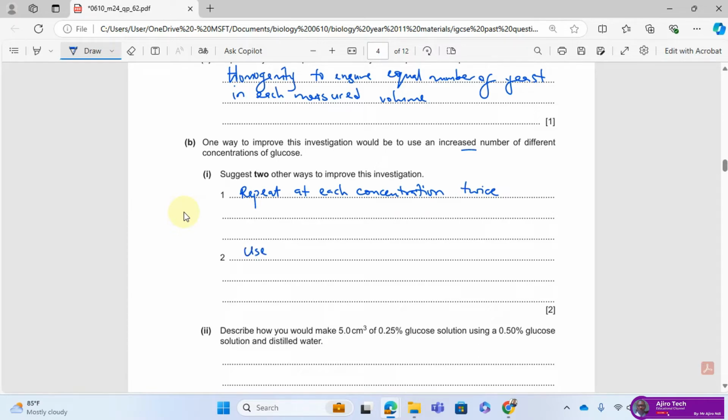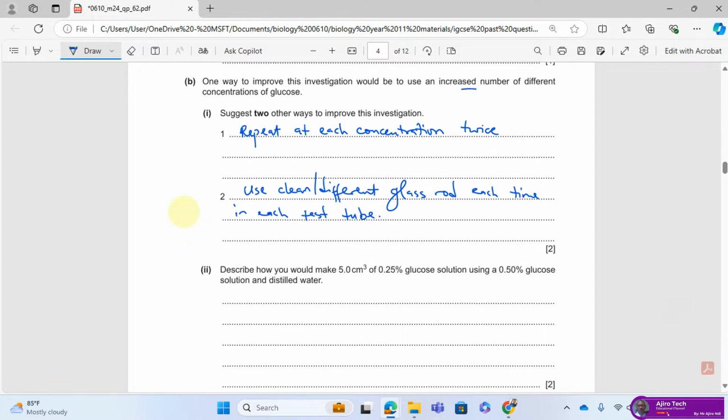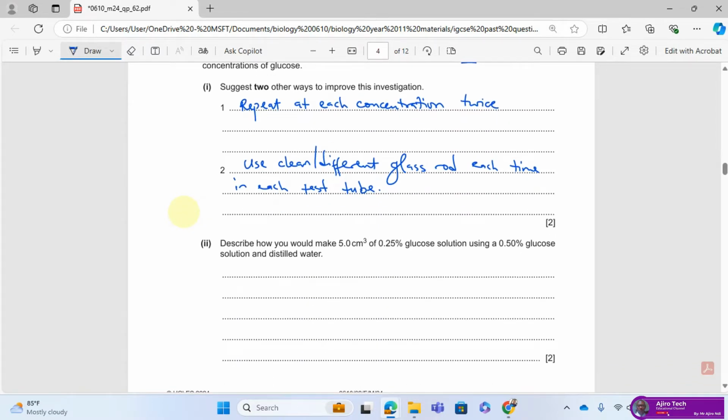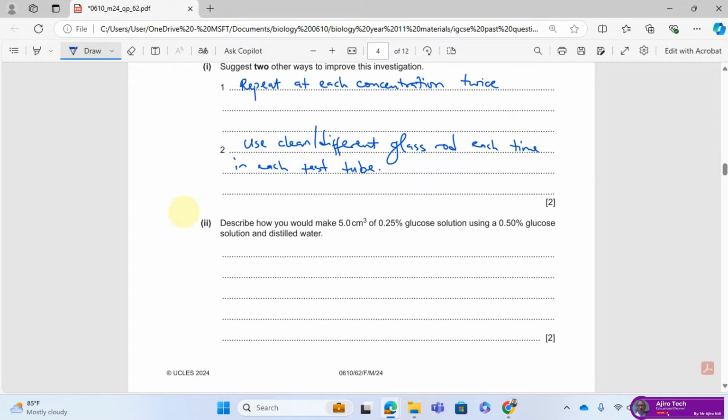We can also use a clean or different glass rod each time, in each test tube, so that the remaining liquid on each glass rod will not affect the result. So there are other things we can also keep the same.